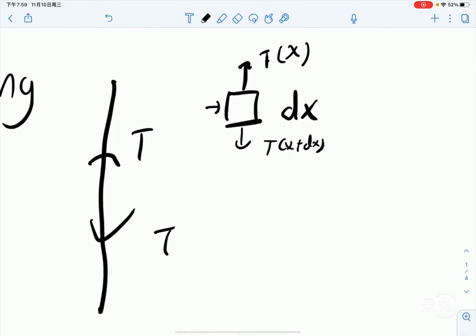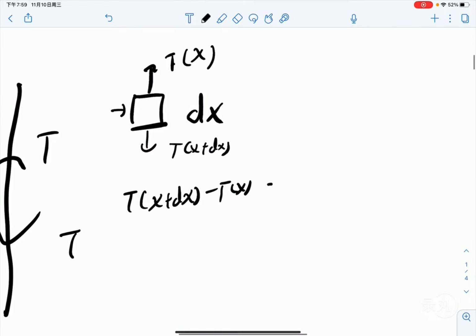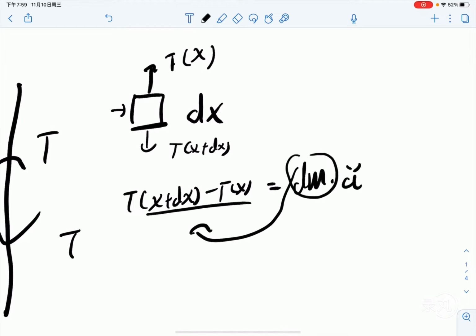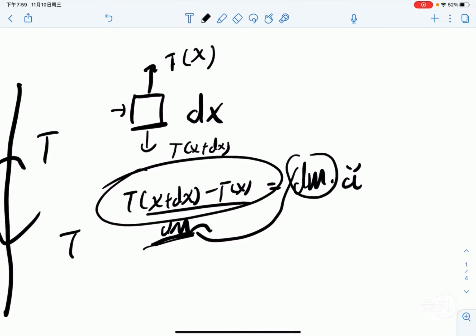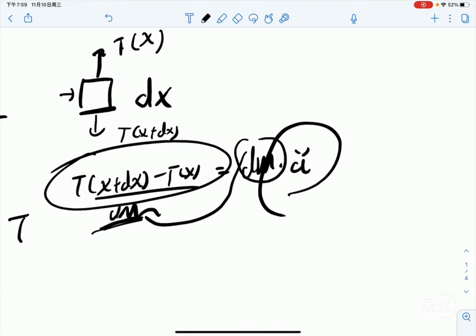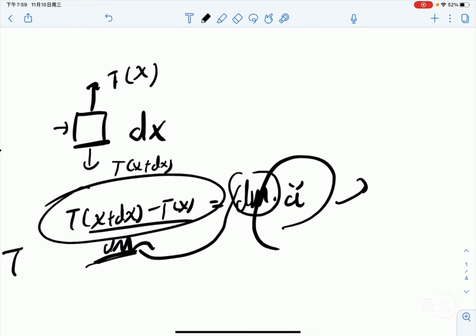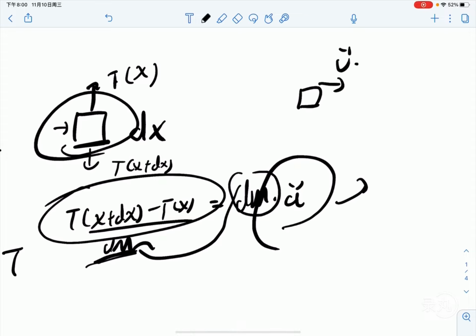Because it is massless, if we write Newton's second law, we have T(x plus dx) minus T(x) is equal to dm times a. If you divide by dm, we know that the tension is quite large but dm is really small, so the acceleration approaches infinity, which is very large. So if the string had mass, the velocity would approach infinity in a short amount of time.